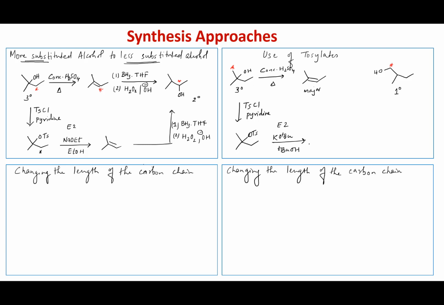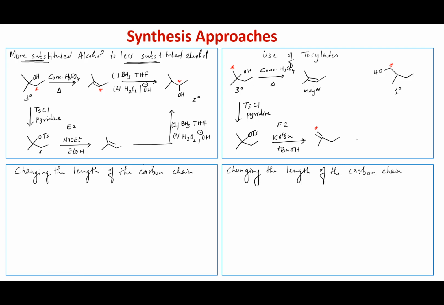Potassium tert-butoxide with tert-butanol, and if I do that, then the product that I get is going to be the less substituted alkene, where the double bond is now formed between the primary carbon and that tertiary carbon. So I'm actually making the double bond where I would like it to be.